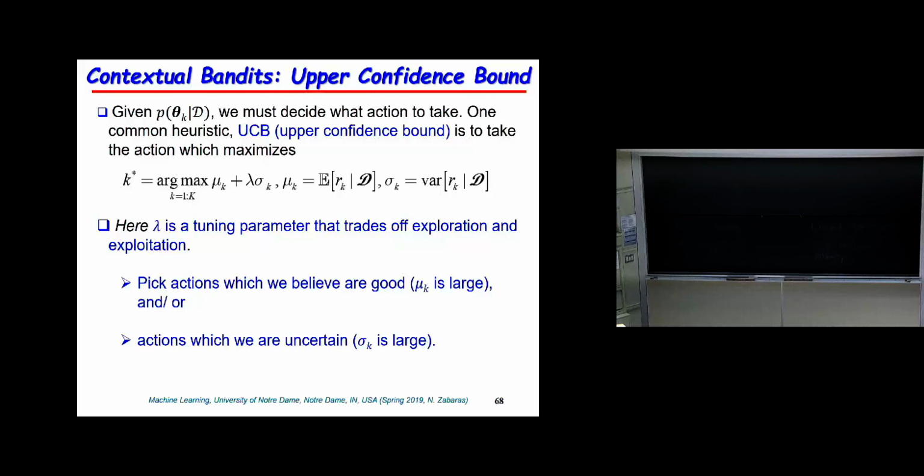But it's not simply about identifying what machine will give you the highest reward. This here is the expected mean, the posterior mean of the reward, so you want to pick the machine K that will maximize that. But notice there's something else there. You can do this, or you can pick the machine that comes with the highest variance in the reward, something you have never explored before.